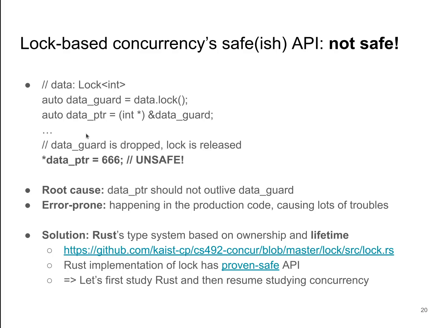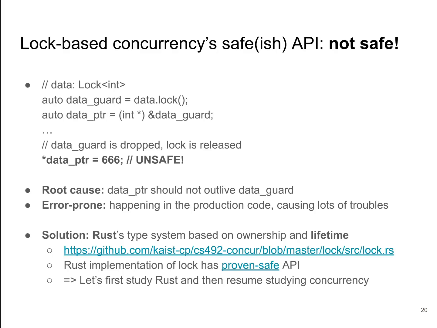But later, they forget about this invariant and use the pointer after the guard is dropped. So it is really difficult to guarantee the API is used as intended if there are a lot of programmers working on a big code base. So this kind of API is, in my eyes, very much error prone, and it actually causes trouble in real world production code.